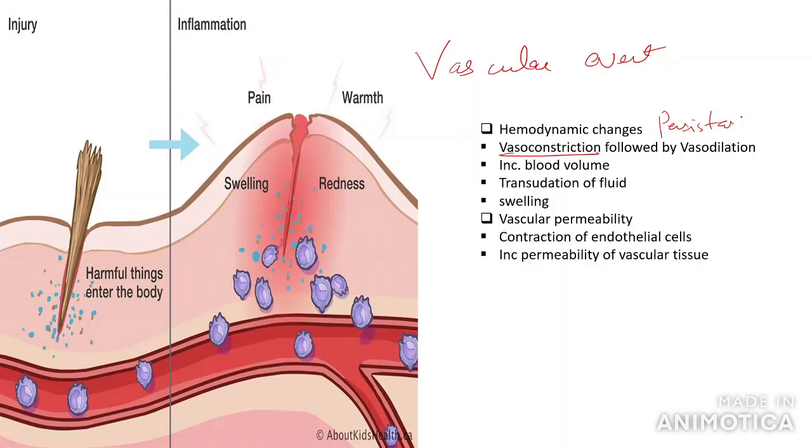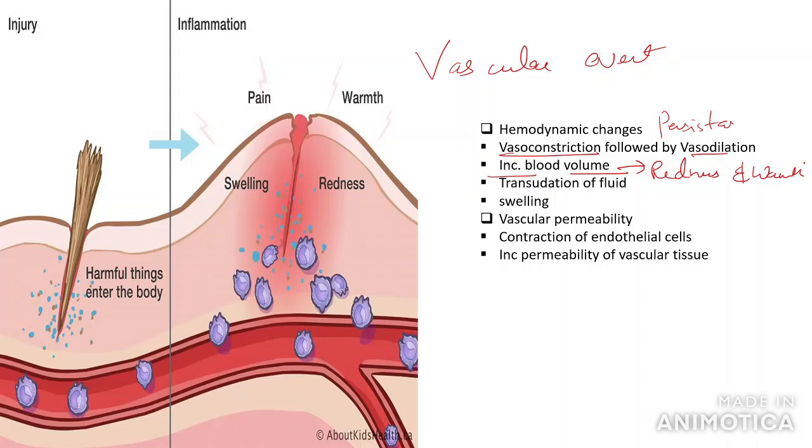But once that is achieved, there will be a persistent vasodilatation. Now, because of that vasodilatation, there will be stasis in the blood flow. So, there will be an increased blood volume in that respective area. And that is going to cause redness and warmth around that site of inflammation.